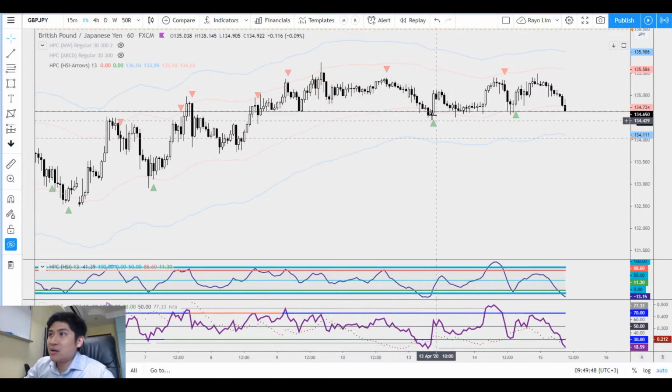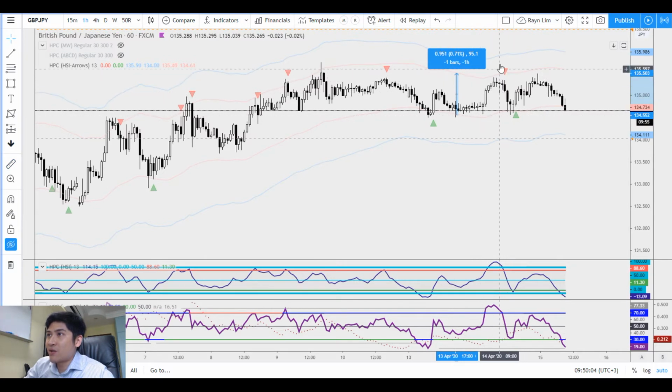Likewise for buying, if you engage from here, after it came back and retested, because you won't want to enter the trade once it's halfway gone, right? You wait for a retest. As long as it has never touched the other side, your target will be all the way here. The market came up, and has this down arrow already. Let's say you have not exited yet, you still hold on to the trade. The next time it comes back up and retests this arrow, you should exit from here.